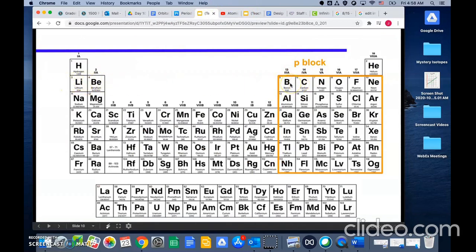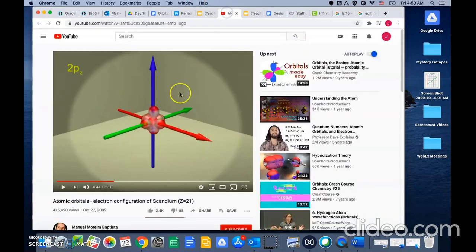The elements that would have electrons in the 2p orbital would be boron, carbon, nitrogen, oxygen, fluorine, and neon, because they're in the second row, but they're in the p block. Earlier they were talking about 2s, that would be lithium and beryllium. Lithium and beryllium are in the s block, and they're in the second row. Before that they were talking about 1s, so that would be hydrogen and helium, because they're in the first row and they're in the s block. Okay, so then let's keep going.